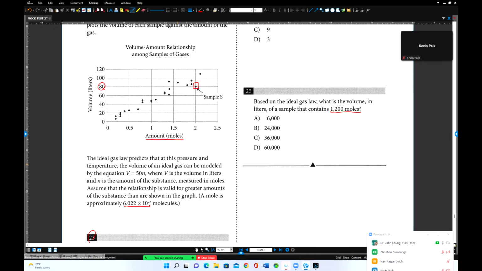You're going to find the volume over here. Volume is 50 times n. n is the amount of substance measured in moles. It's okay, right? V equals 50 times n. We need the number of moles over here, okay? In the sample, 1,200 moles. That's 25, right?